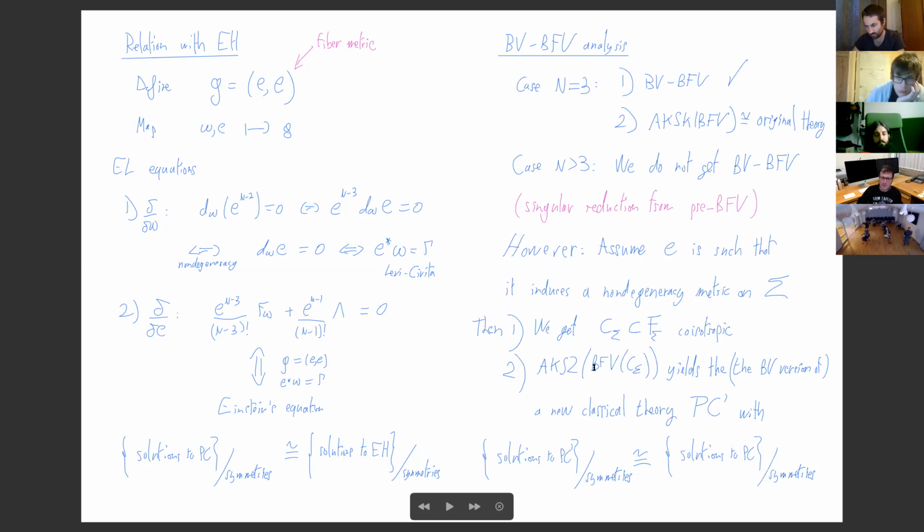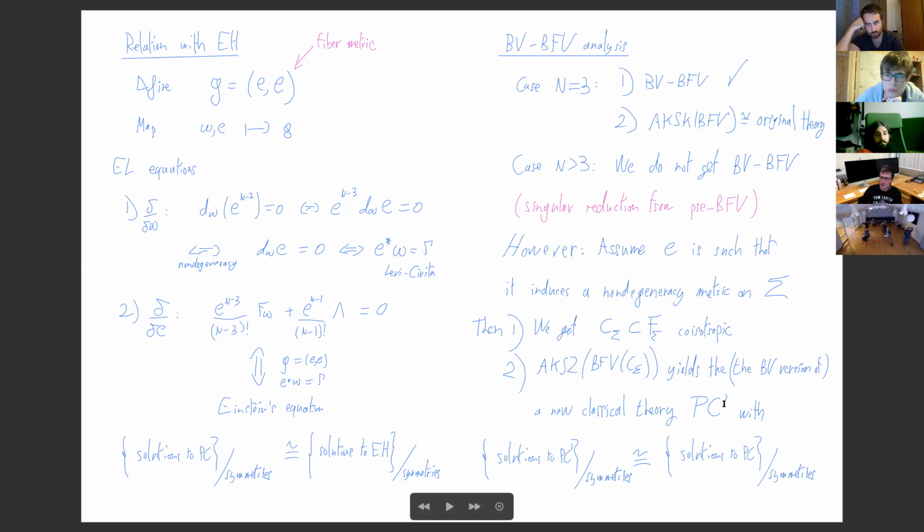You can get a BFV construction for the reduced phase space, apply AKSZ, and what you get is a different theory. It's a theory which has a different space of fields, so it's not the same theory, but you can compute the solutions to its Euler-Lagrange equations.